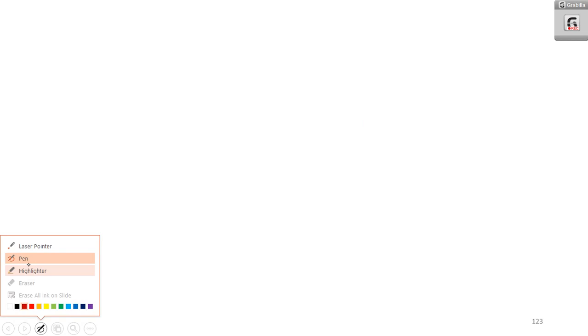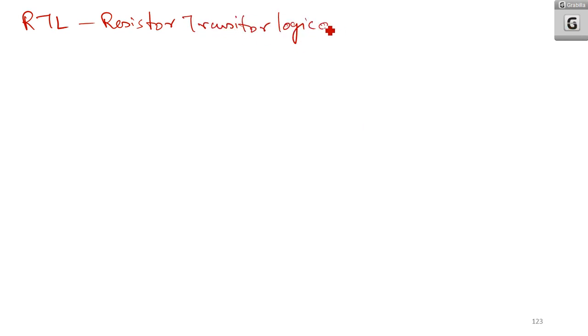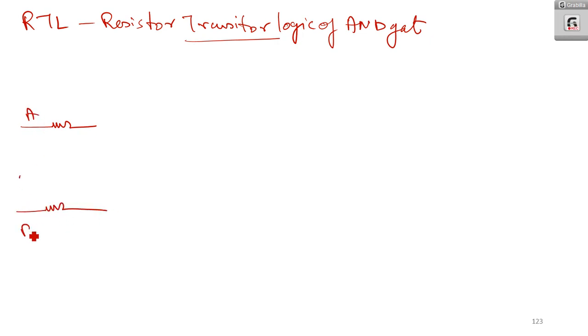The resistor transistor logic, RTL, of AND gate. We are having input A and B. A and B are connected as base of two transistors.